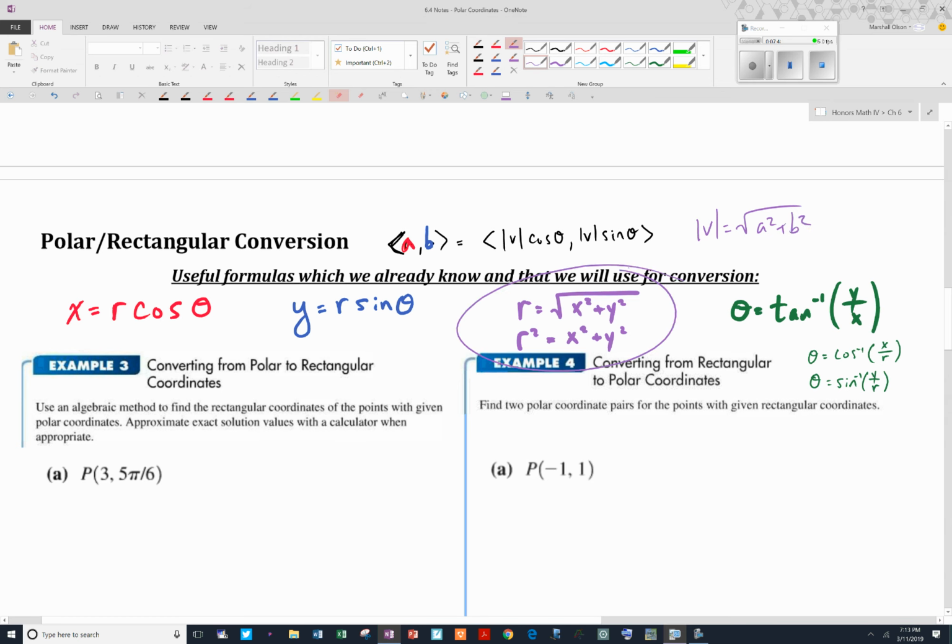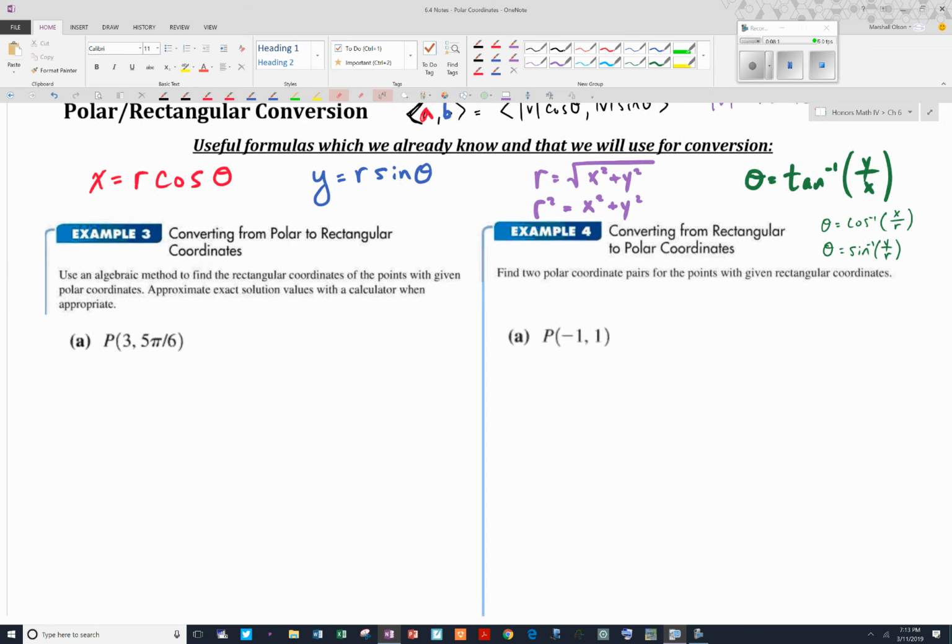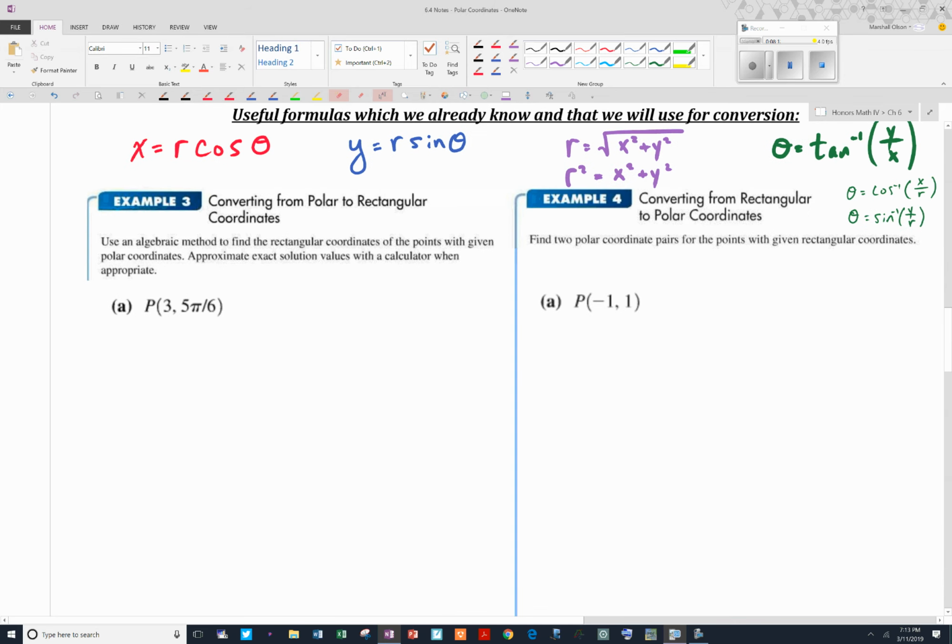This stuff is saying the same thing, just in terms of r, x, and y. And then obviously we had our formulas for theta using inverse tangent, cosine, or sine. Back with vectors, we used a over magnitude, b over the magnitude, or we use tangent and just do b over a. Same ideas, just different variables, different parameters here.